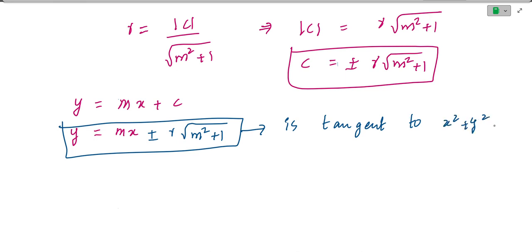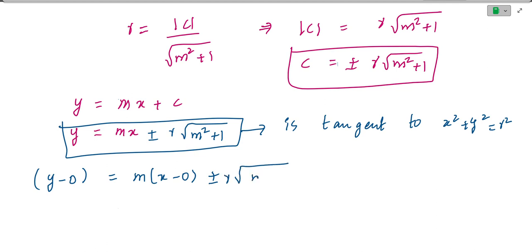So let me write this equation of tangent in this format. I am writing y as y minus 0 is equal to m into, instead of x I am writing it as x minus 0, plus or minus r times under root of m square plus 1.